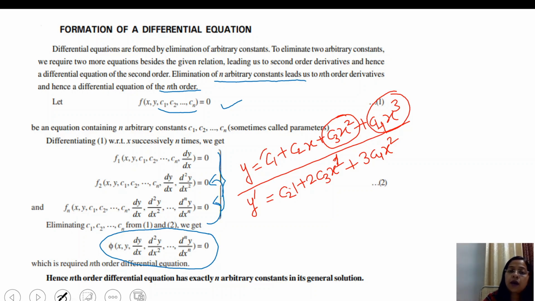Now, one arbitrary constant is removed, and the rest 3 are left.